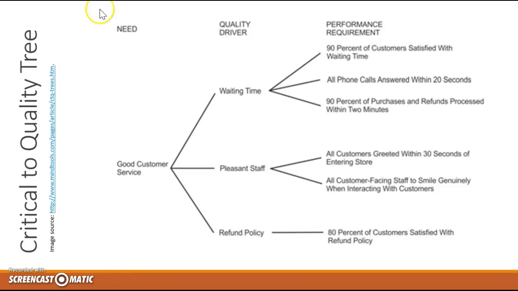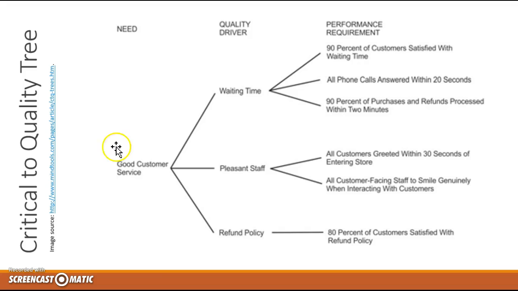In this example, the need that's been identified is good customer service. That's a need we hear a lot, right, when we're talking about service delivery. Customers want good customer service. Well, the definition of good customer service can be very different for customers in different environments. So we have to try to understand, what does that mean for our customers?